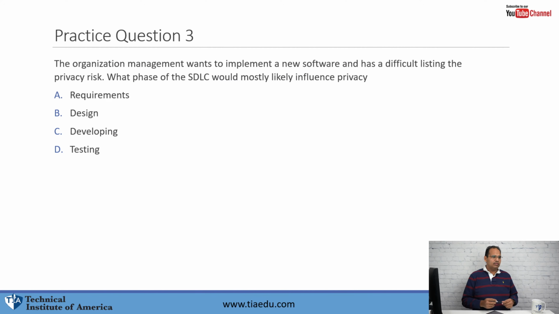All right. The organization's management wants to implement a new software, and has difficulty listing the privacy risks. What phase of the SDLC most likely influences privacy? Requirements, design, developing, or testing. You're talking about privacy. Where are we going to worry about privacy? When we're designing it, when we're gathering those requirements, when you're developing or testing it. All right, put the answers in the box.